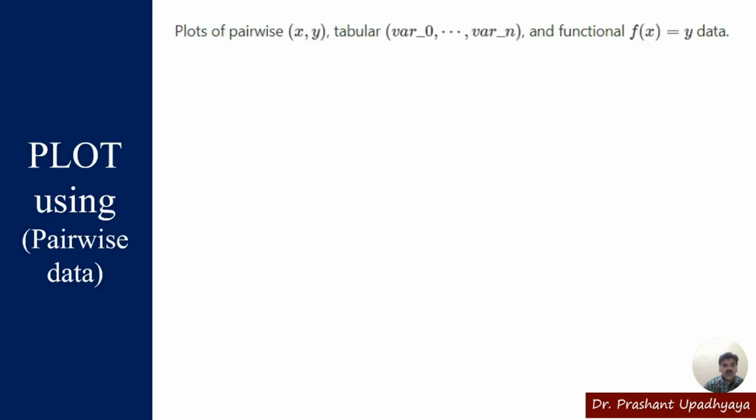So let's talk about pairwise data. Pairwise data refers to a data set in which each observation consists of a pair of values. That means there is a relation between x and y. These pairs could represent various types of relationships or measurements, such as correlation between variables, distance between data points, or a comparison between different groups.